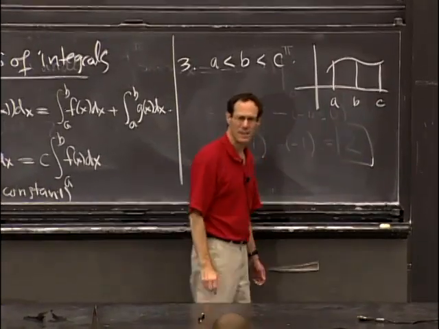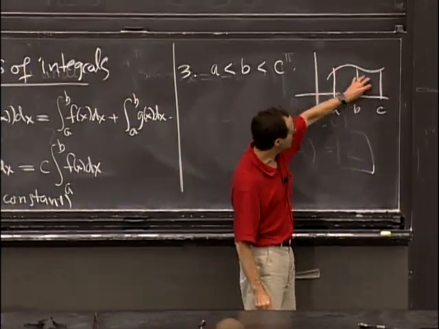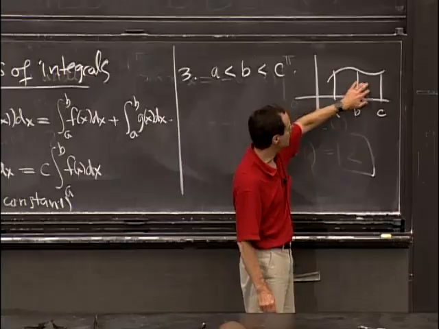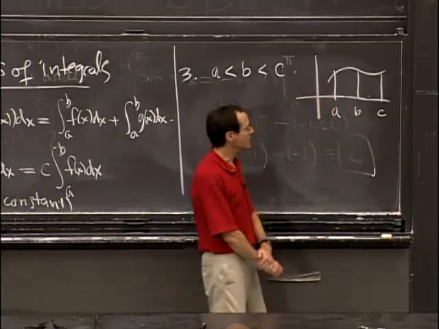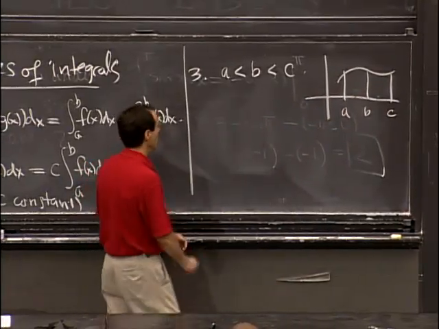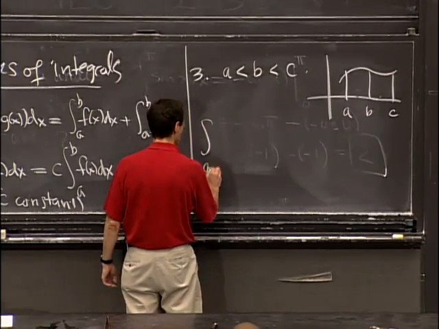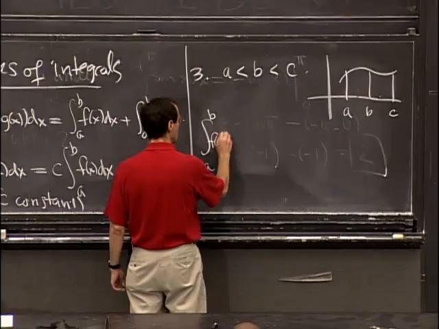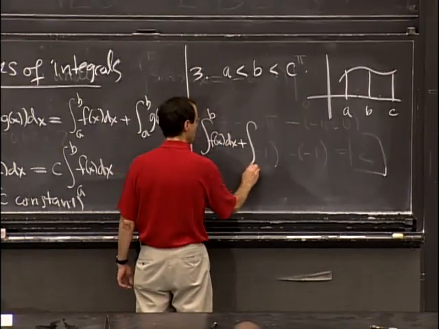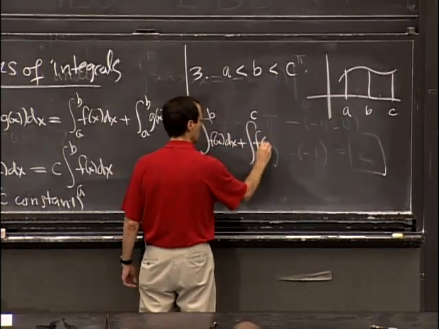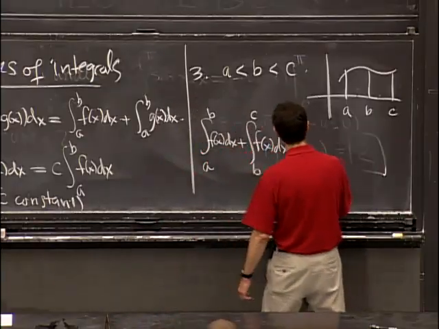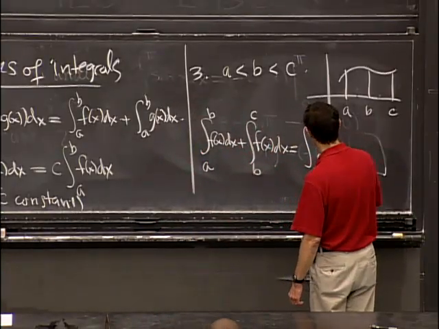So here's A, here's B, and here's C. And you can see that the area of the first two pieces here, when added together, gives you the area of the whole. And that's the rule that I'd like to tell you. So if you integrate from a to b, and you add to that the integral from b to c, you'll get the integral from a to c.